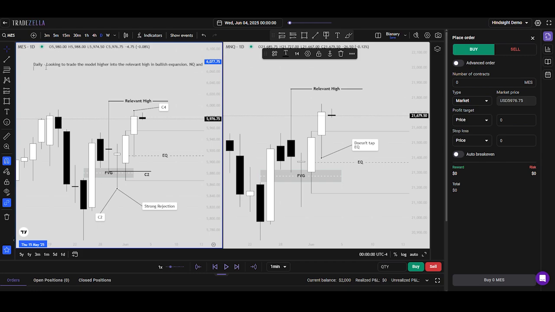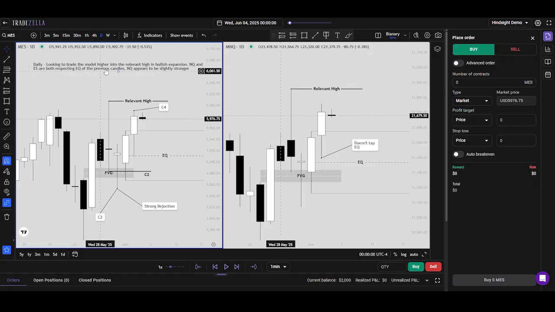NQ and ES are both respecting EQ of the previous candles. NQ appears to be slightly stronger.